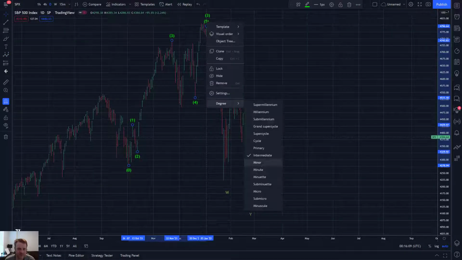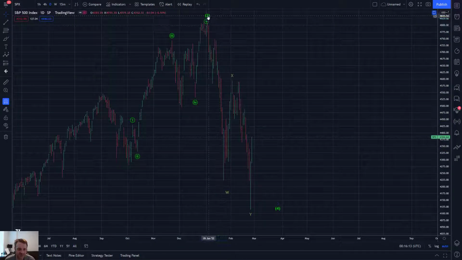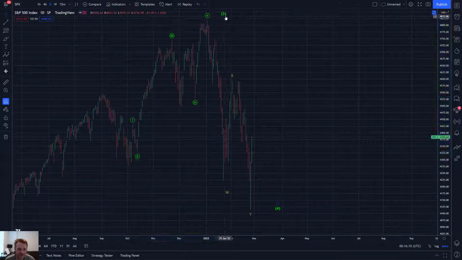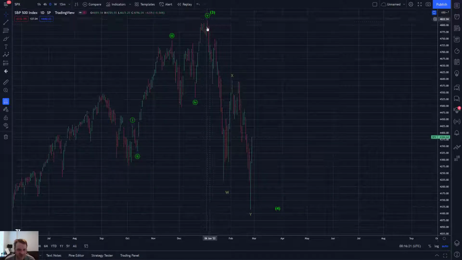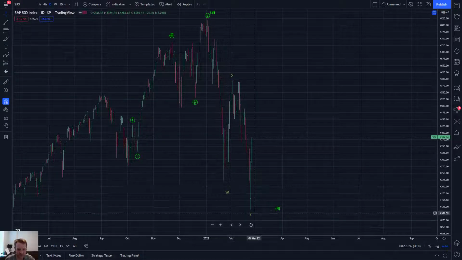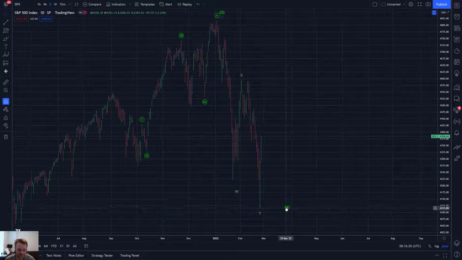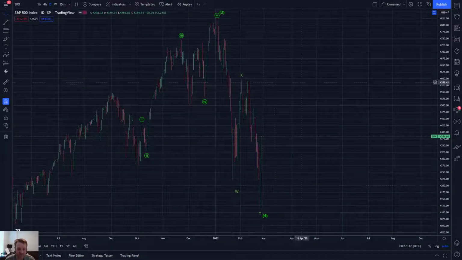And then wave 5 would actually be 1 degree lower, I think. That'd be 5 of 3, without showing that larger 5 of the 3. So you could do that and then just call this maybe a double zigzag wave 4 down, or maybe, depending on how you want to count the subdivisions, ABC down for 4.